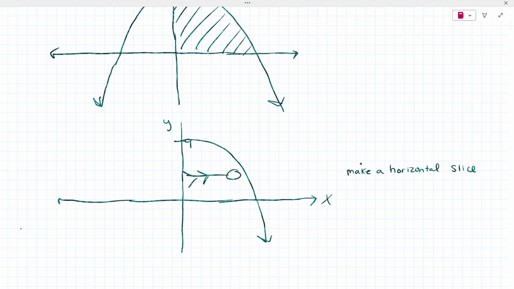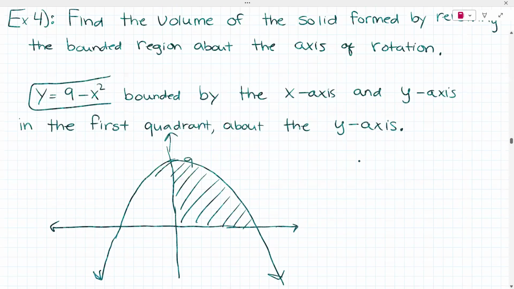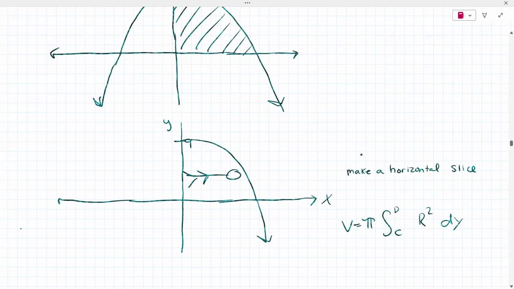So if that's true, that means we're going to use the formula V equals pi, this time going from c to d, of r squared dy, right? Where we are revolving about the y-axis, everything has to be in terms of y.